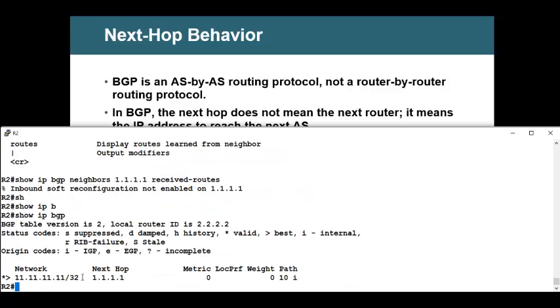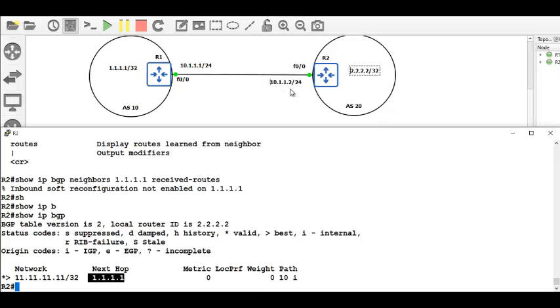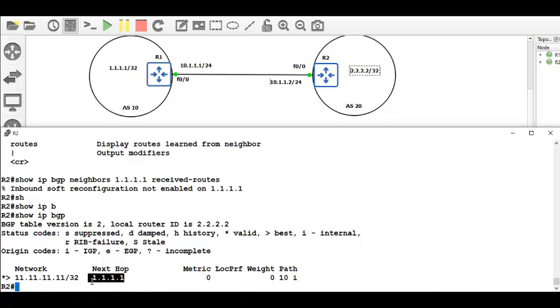In router 2, what is the actual address? Sorry, in router 1, it is 10.1.1.1. This is coming from router 1, and I'm checking in router 2. What should be the actual next hop? 10.1.1.1. Why is it not showing 10.1.1.1? It will not show 10.1.1.1 because the address with which you form the neighbor will be the next hop.